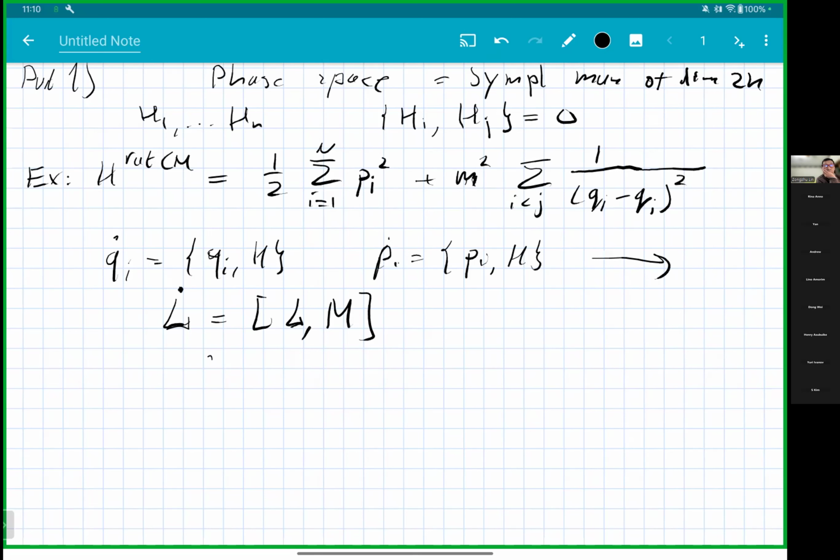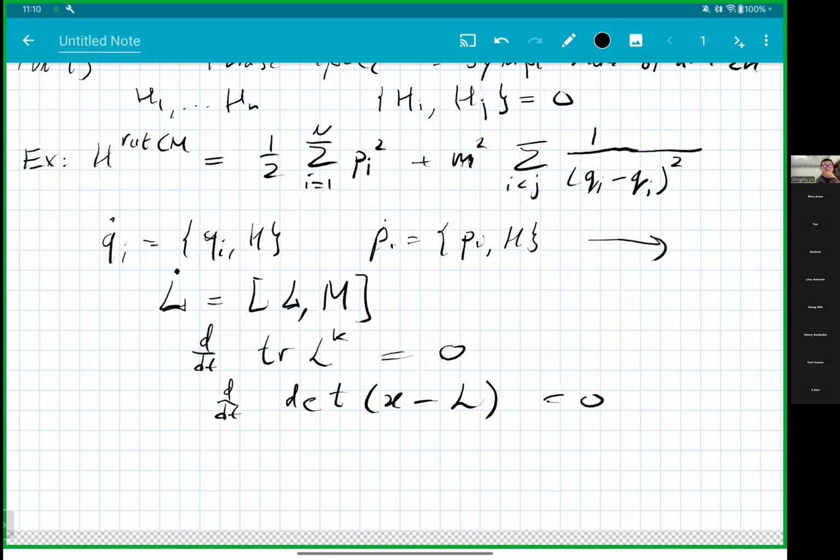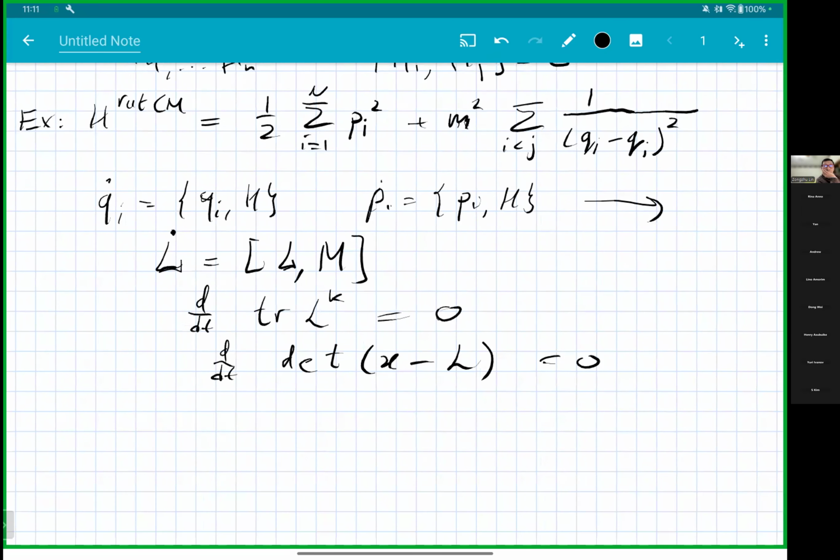We will have d over dt of trace L to the power k being 0. So this dynamic is isospectral. It preserves the spectrum of L. In other terms, it preserves the determinant of x minus L. For example, for the Calogero-Moser system, L looks approximately like this. It's an n by n matrix.